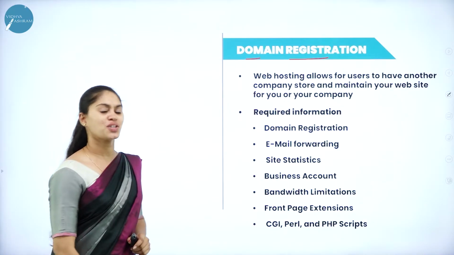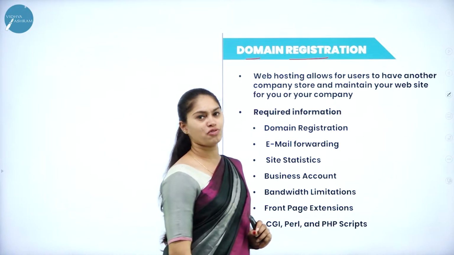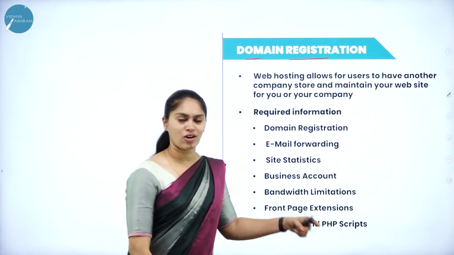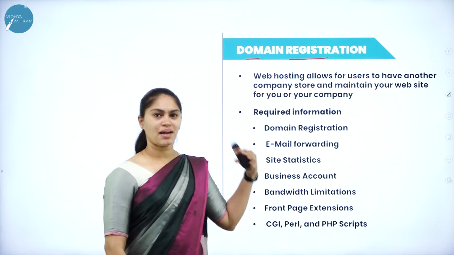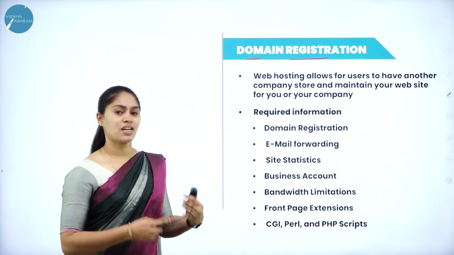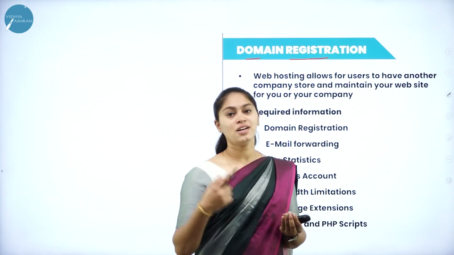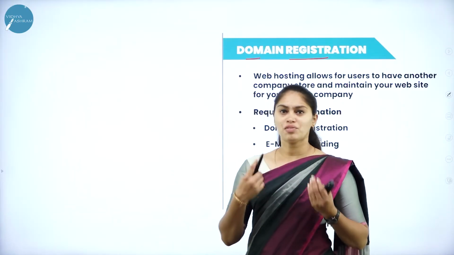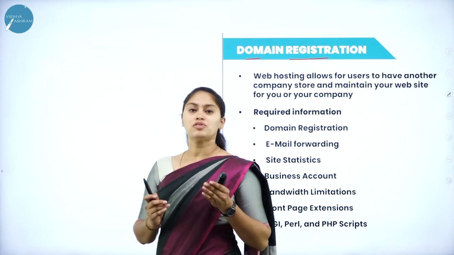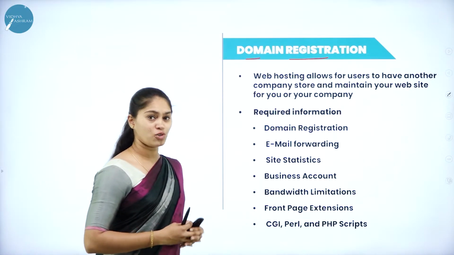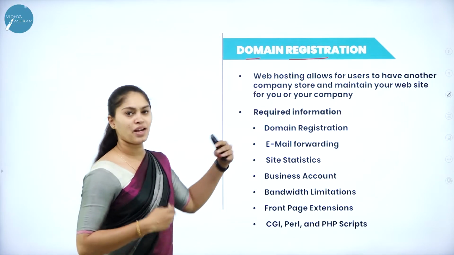So just imagine you have a website, a collection of web pages, and you want to have it owned for your company or organization. At that time, we have some privileges, like the web hosting team allowing you to maintain the web pages or website of your company. Then we have to register a domain. What is the required information I need in order to register my own domain?